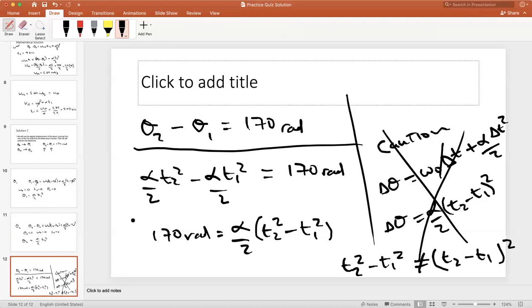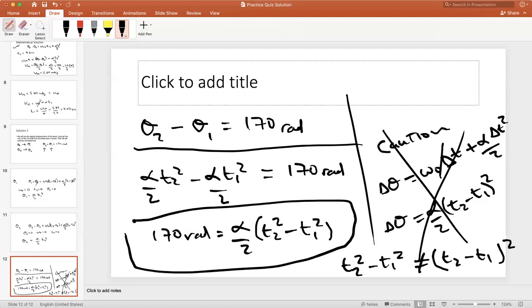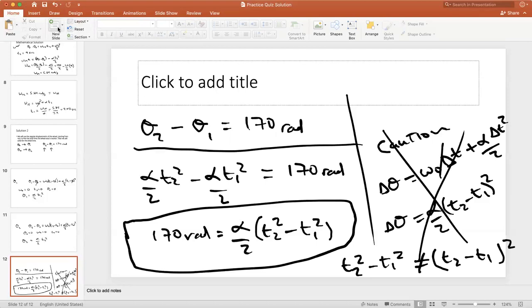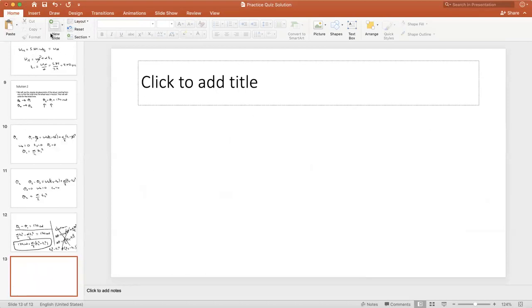So this is our equation. And now we need to do a little bit of algebra to get that into something that we can actually use. So let's go ahead and do that. We have 170 rad is equal to alpha over 2 times t2 squared minus t1 squared.